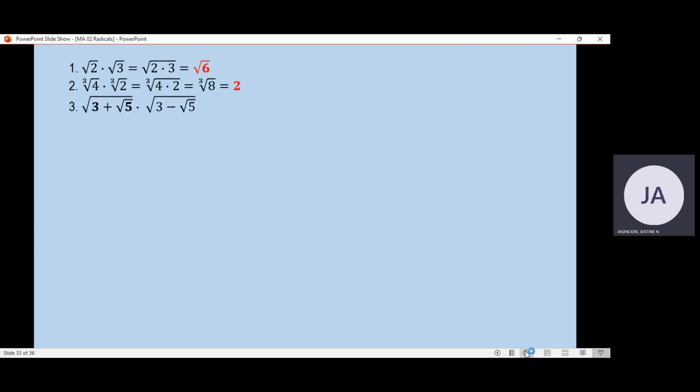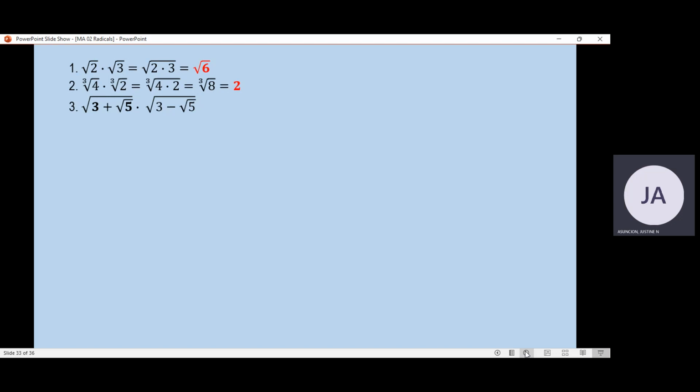Another example: the square root of 3 plus the square root of 5 times the square root of 3 minus the square root of 5. As you observe here, we have the common index, which is 2, and at the same time, in the radicands we have a sum and difference of two squares.